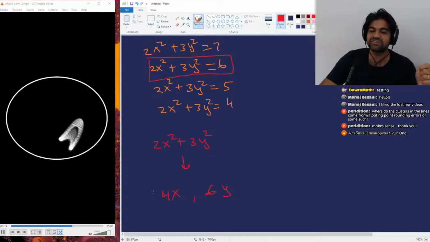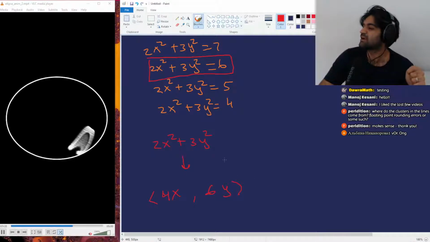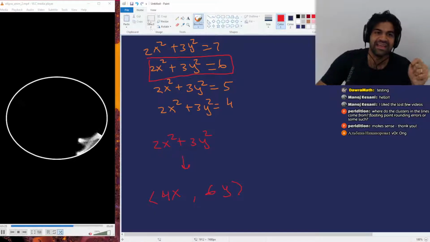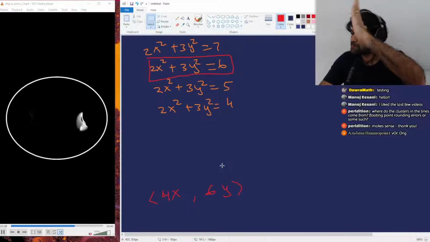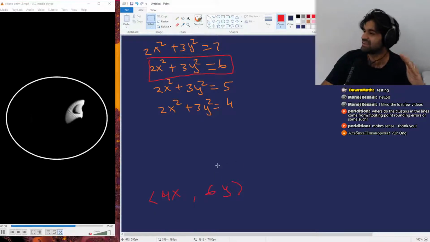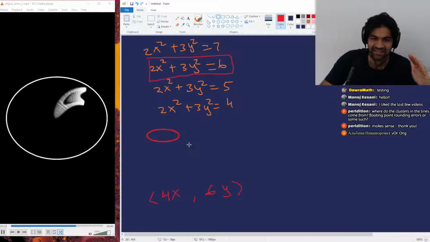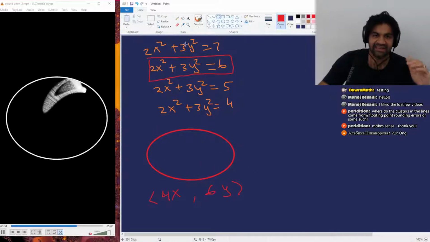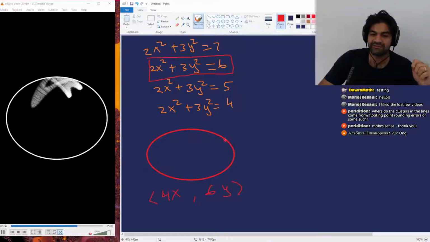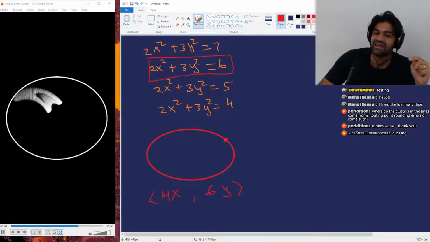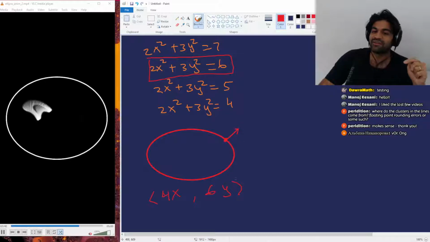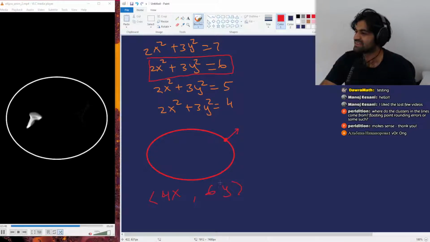So I'm going to pay attention to this vector, 4x comma 6y. It turns out that this vector will always be perpendicular to the ellipse. So for example, if this is my ellipse and this is my point xy, if I compute 4x comma 6y, that will always be normal to the ellipse.